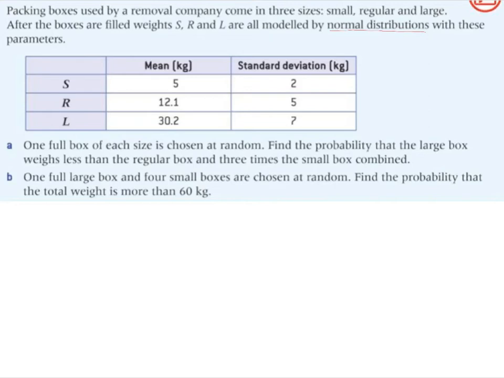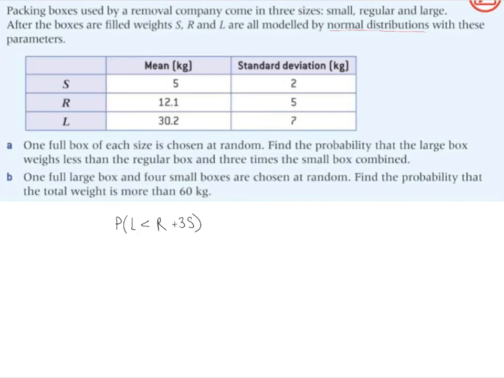All right. So this is going to be an interesting question here, right? We are looking for, let me write that again, the probability that the large box weighs less than a regular box and 3 times the small box. Why we would want to know that, I don't know, but hey, this is the question we're looking at. All right.